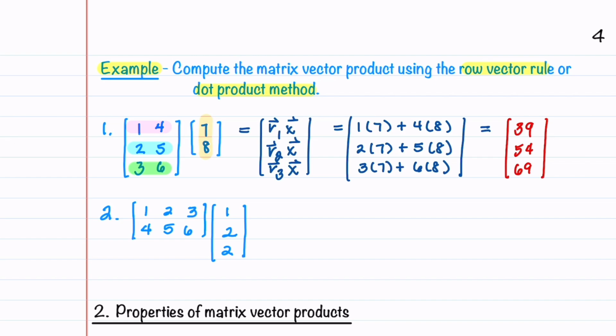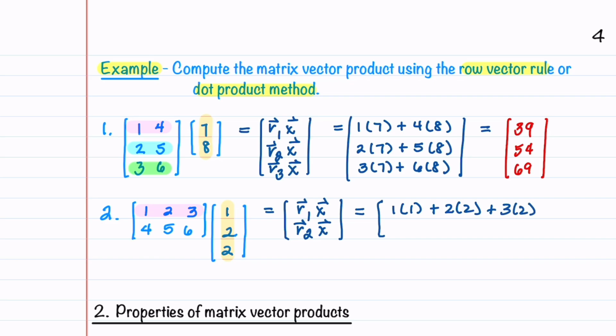Just like before, I'd encourage you to stop the video and see if you can do this next one on your own. For this example, we're going to multiply row 1 times X, and then we'll multiply row 2 times X. We'll first multiply row 1 times X, and that gives us 1 times 1 plus 2 times 2 plus 3 times 2.